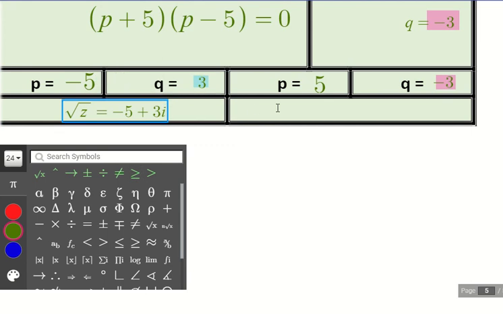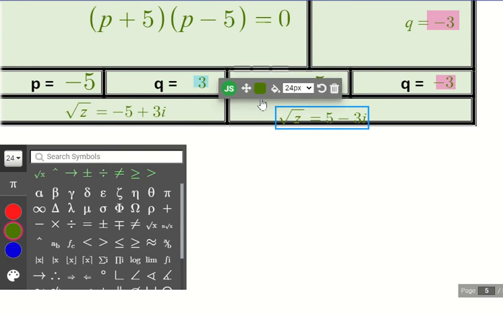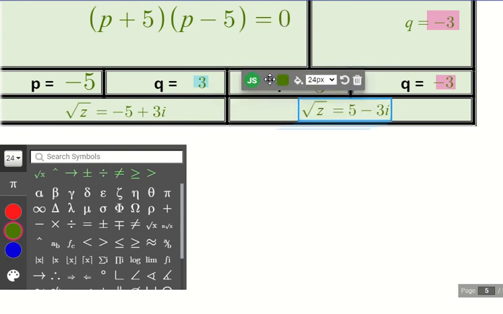The second square root of z is positive 5 minus 3i. And that's how we calculate the complex square roots for question number 5.